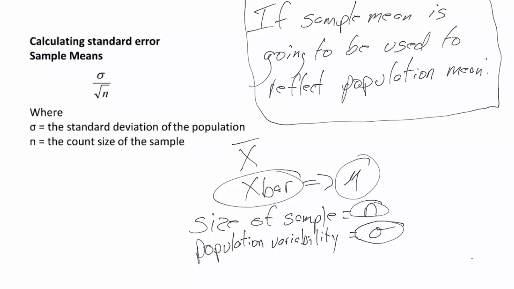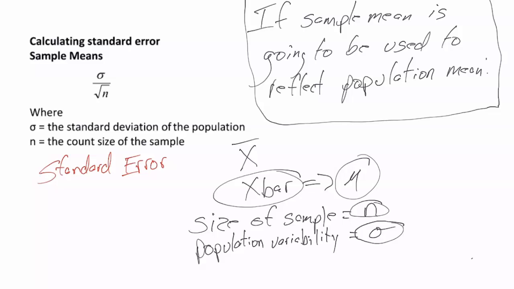The way that we incorporate all of these variables into a better understanding of how the sample mean can reflect the population mean is to use a term called standard error. Standard error is the built-in error that all samples have when the sample mean is being used to represent the population mean. And it has to incorporate the size of the sample and the population variability.